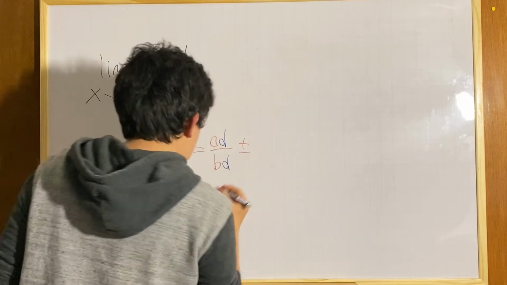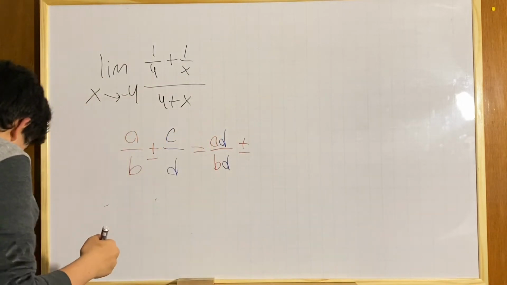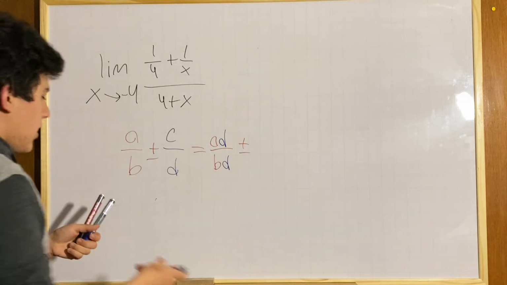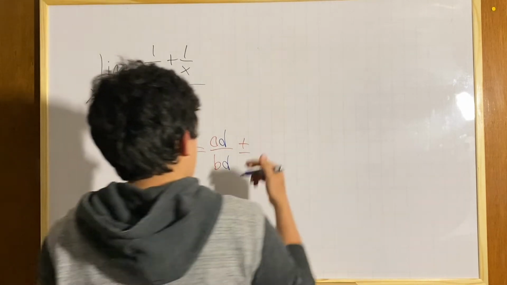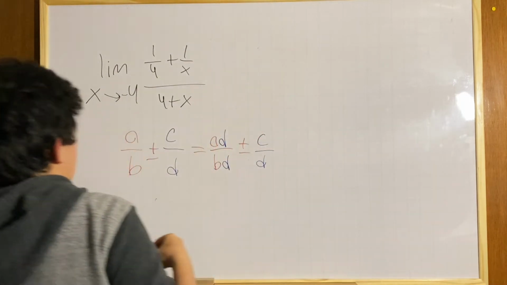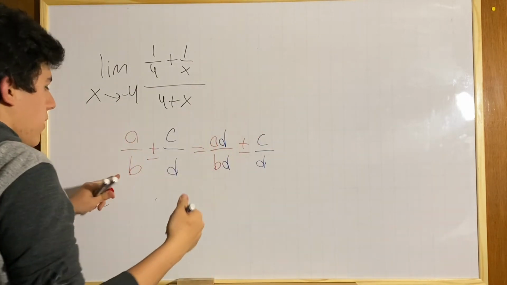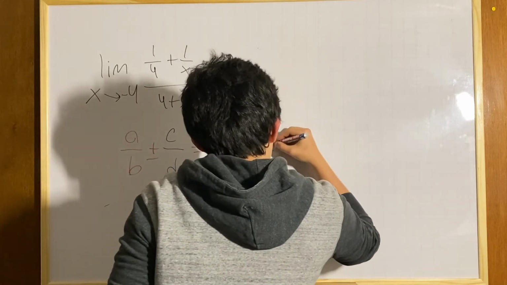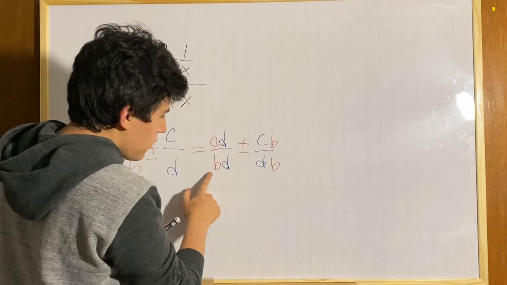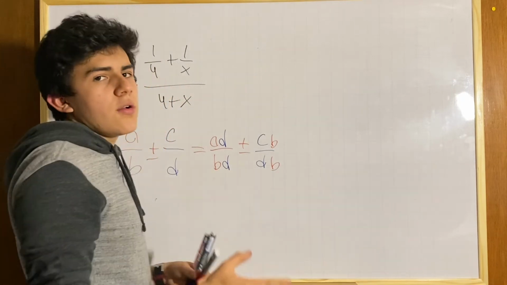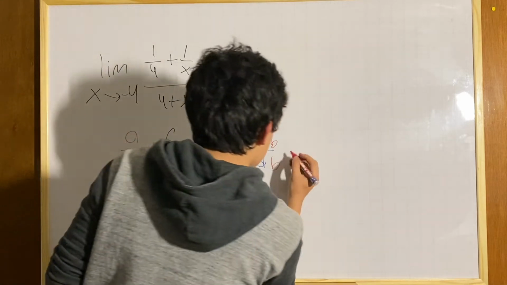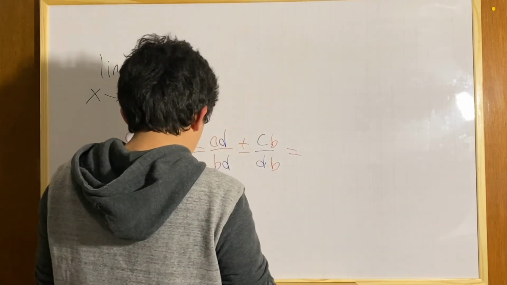We get plus or minus, and now you do the same thing here. You get C over D times the denominator of your other fraction, so that would be B. Now if you see these two denominators, they're the same thing. So eventually what you would get is simply an expression that goes like this.